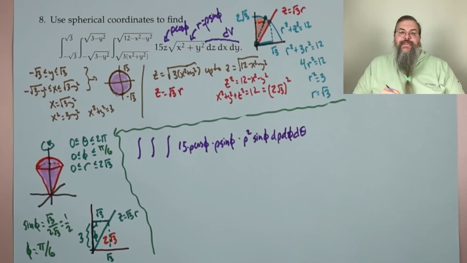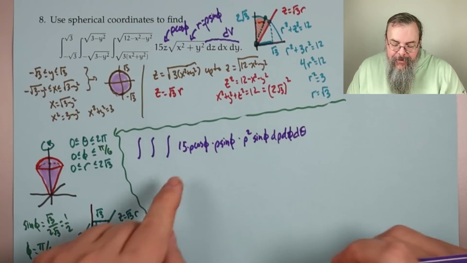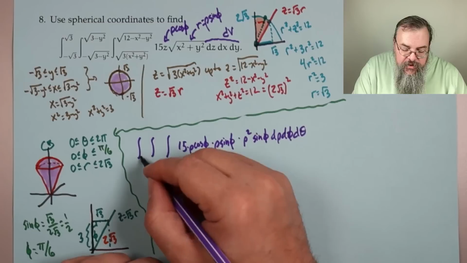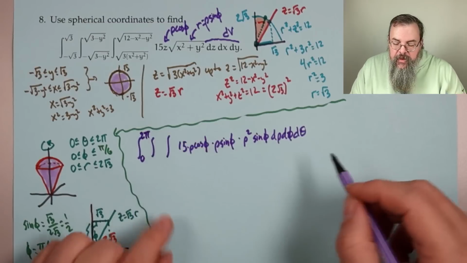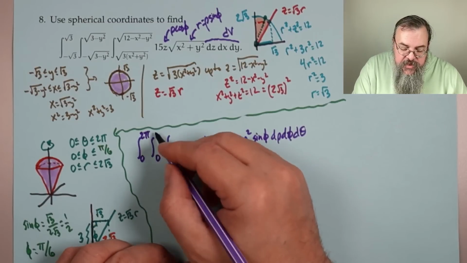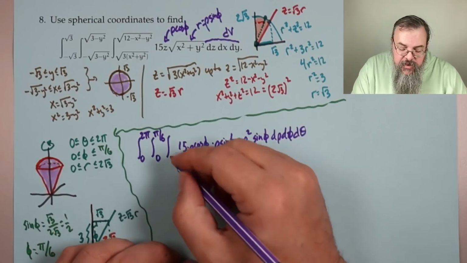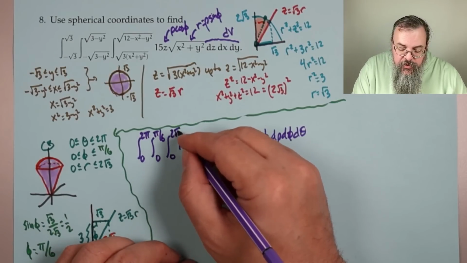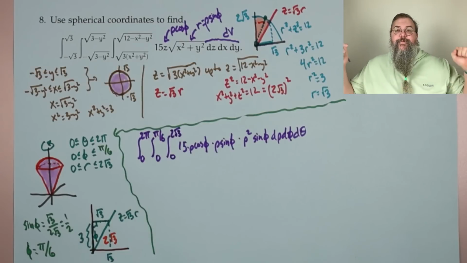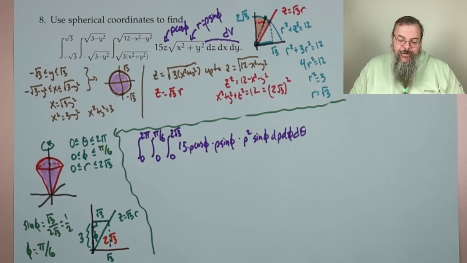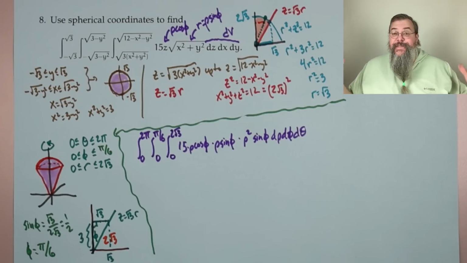All right, so there's our updated dv, updated the functions, our bounds, 0 to 2 pi, 0 to pi over 6, and 0 to 2 root 3. Whew, okay, all right. Well, we've already had a good workout. Now we just have to integrate this thing.